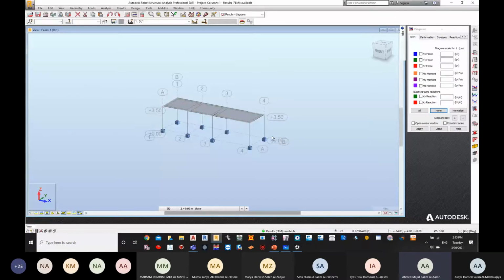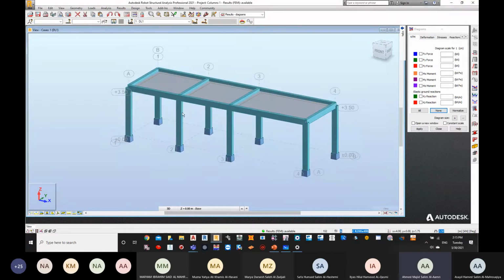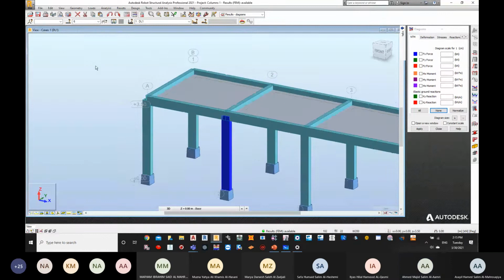So for example, if we take this particular structure, how many loads is this column taking? This particular column is connected to how many beams? You will see that this particular column is connected to 3 beams: beam number 1, beam number 2, and beam number 3.